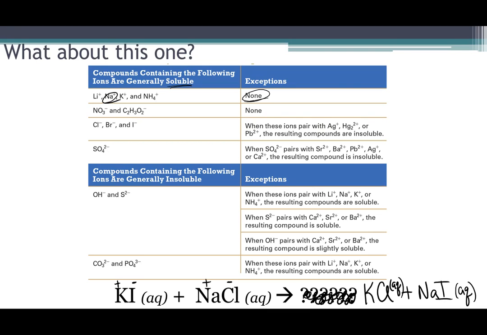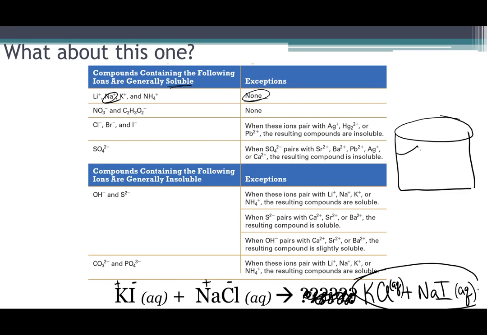Okay, so let's picture what this product side would look like in a beaker. So I mixed potassium iodide and sodium chloride. I mixed these two, right? And then I let it settle out. And what would it look like? Well, potassium and chlorine would be ions floating around, right?